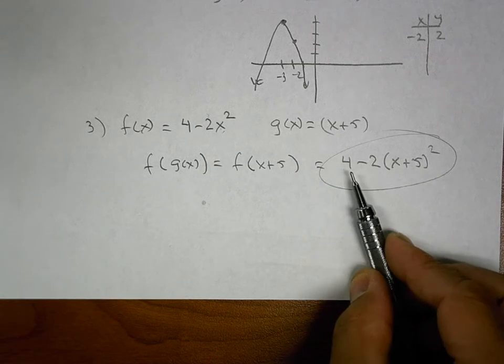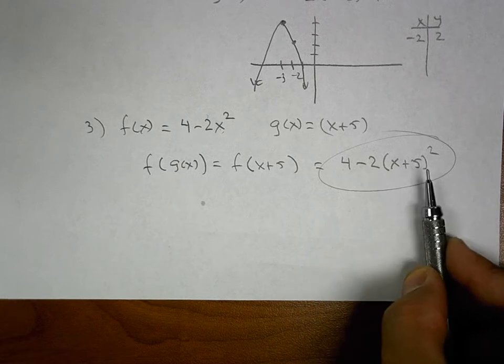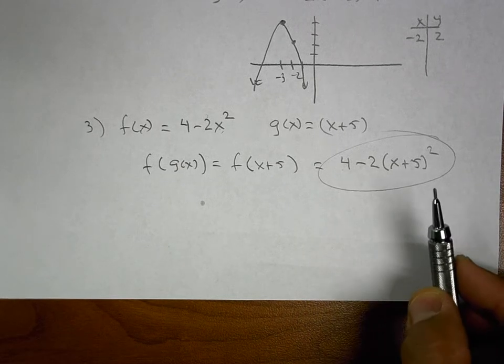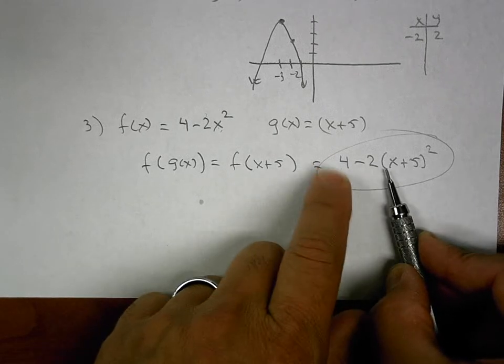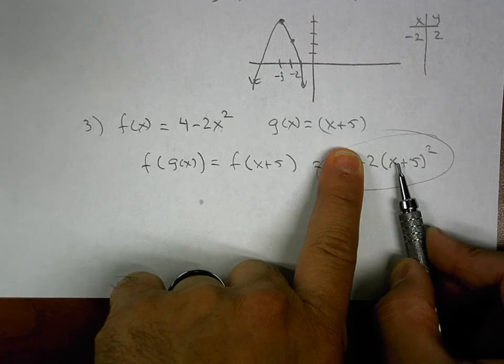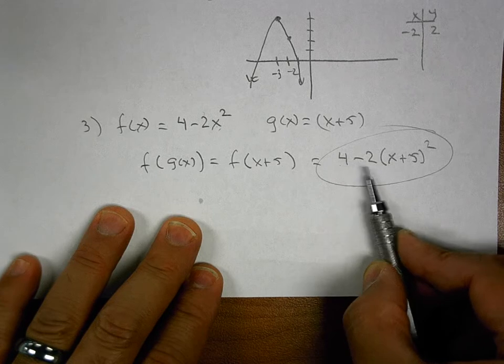Can I go 4 minus 2 is 2? We can't, because the order of operations says we have to multiply first and then add. But there's really nothing to multiply, your number and your variable. So we cannot subtract 4 minus 2.